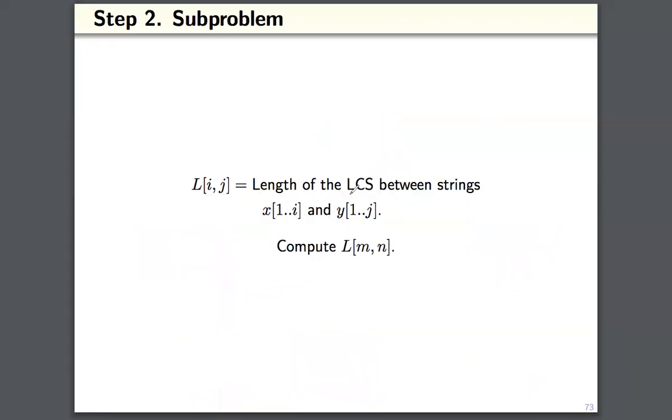Fine. So the length of the longest common subsequence between these two strings, the first i characters of X and first j characters of Y, is L of i,j. Two strings, two dimensions. Maybe three strings, three dimensions. We will not go into generalization. So our aim is to compute L of m comma n.